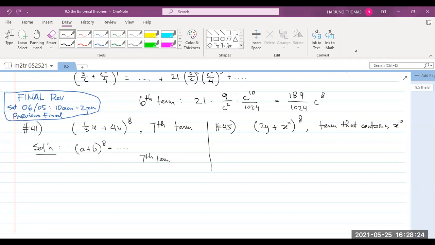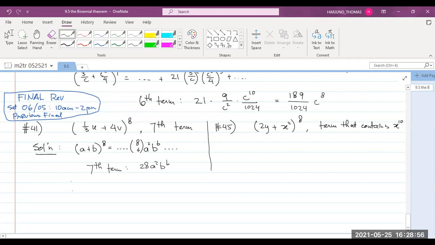The 7th term will have b to the 6th, right? So the a will be squared and it will be 8 combination 6. So the 7th term will be 8 combination 6, that's 8 combination 2, 4 times 7, 28. 28 a squared b to the 6th.